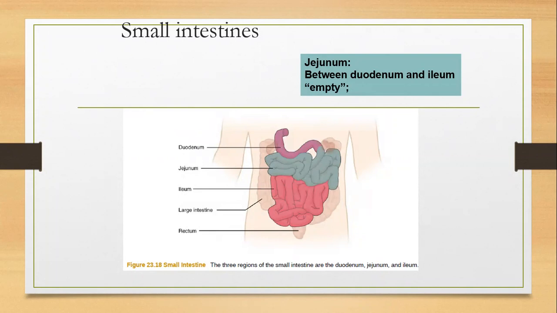So this is the point where we have a lot of motility, which will allow the movement of the fluids and the mixing with the enzyme and the mixing with the bicarbonate so that they facilitate the process of digestion.